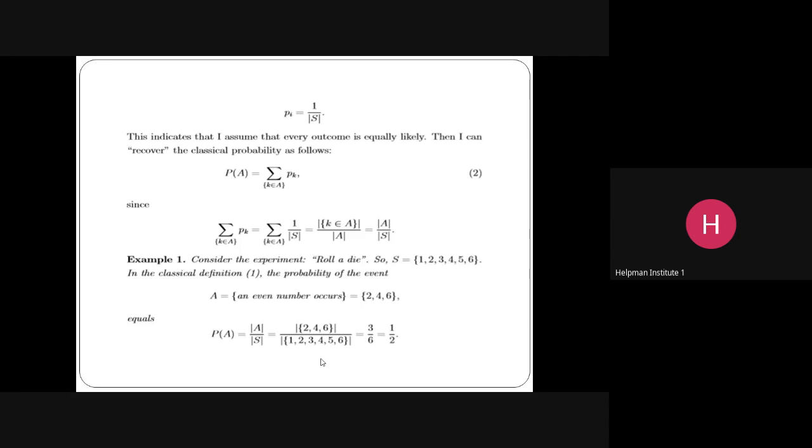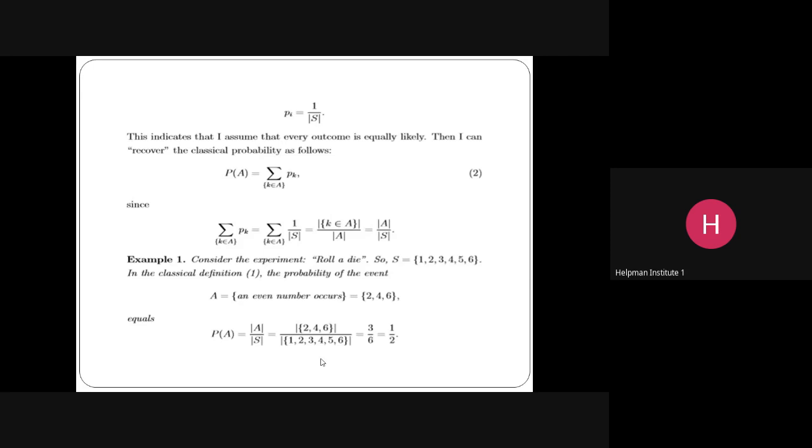Now, in the classical definition, the probability of the event A, that an even number occurs, means that it is either 2 or 4 or 6. Whereas an odd number occurring is either 1 or 3 or 5.